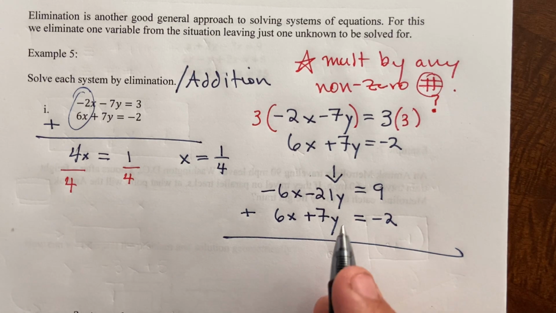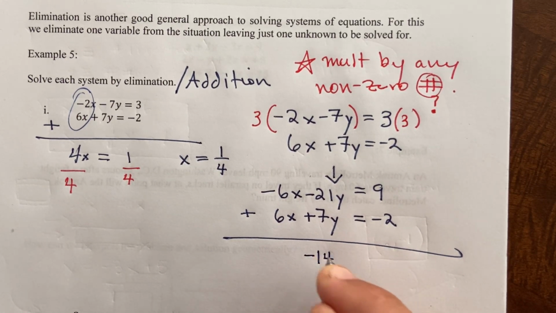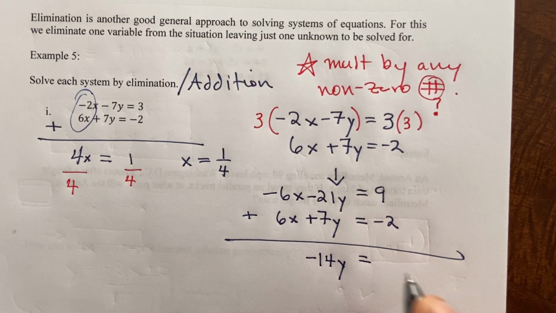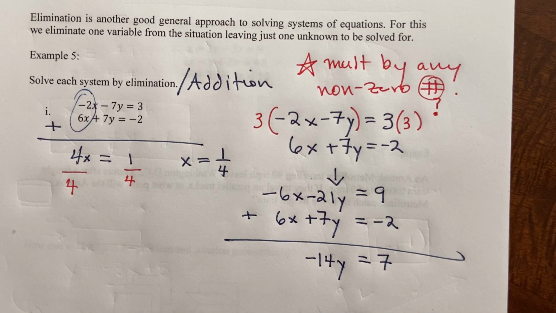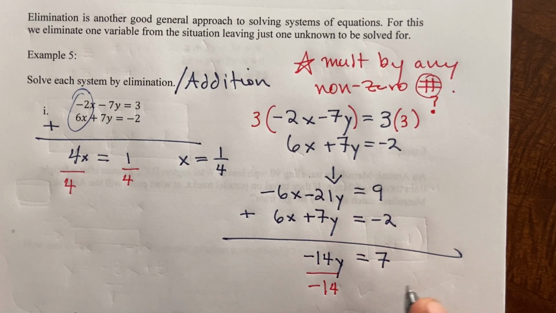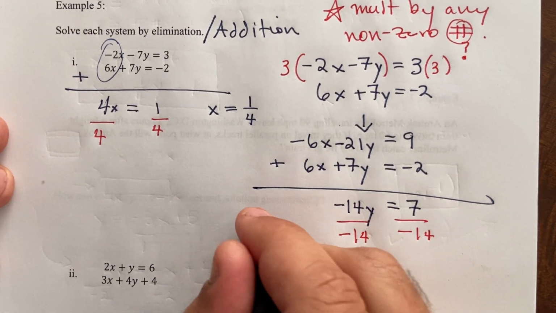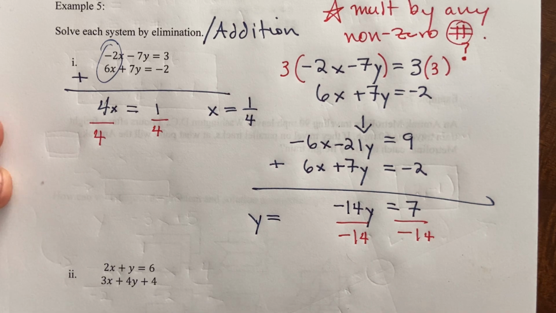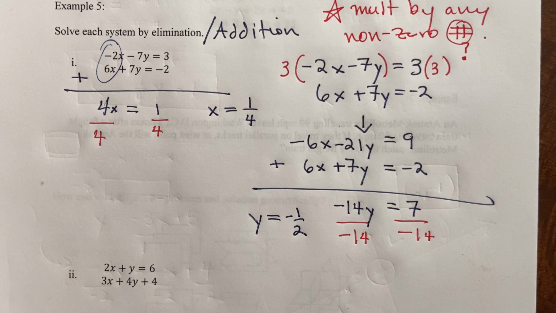Negative 21 plus 7, what is that? Negative 14y equals 7, 9 plus negative 2. Divide by negative 14. So y would equal 7 divided by negative 14, which we can write as negative 1/2.